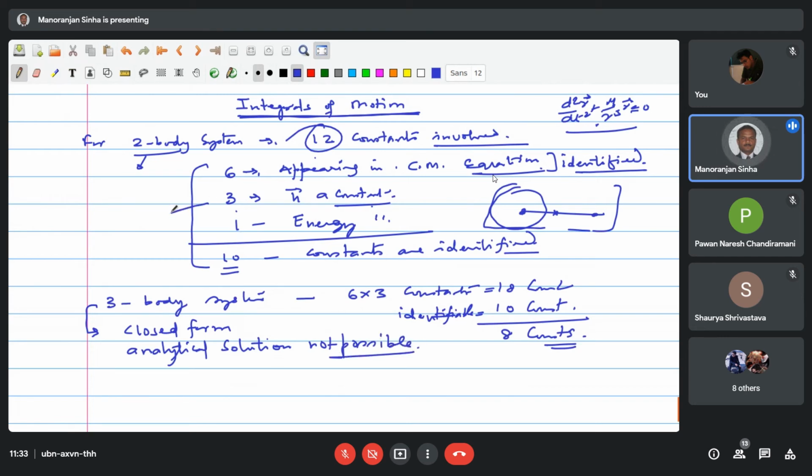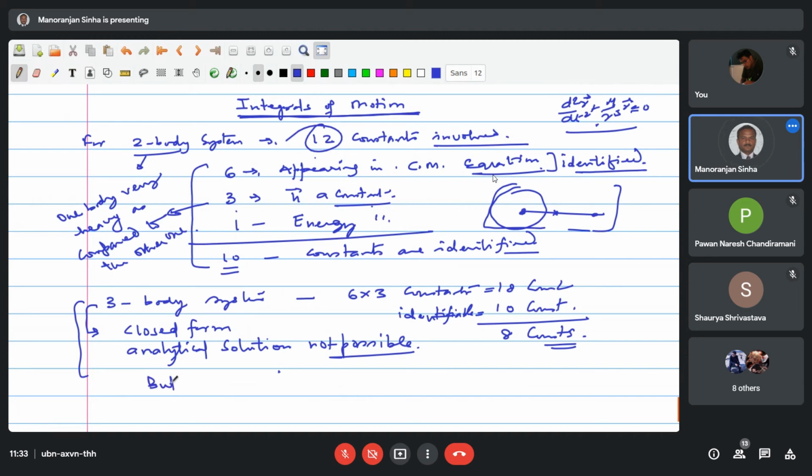Here in this case, we get the complete solution only when one body is very heavy as compared to the other one. While it is not possible in this case, even that is not possible, but certain restricted solutions are available.